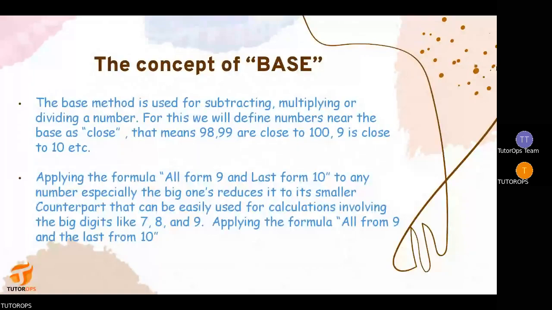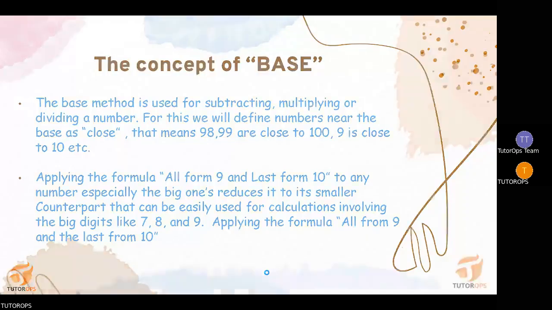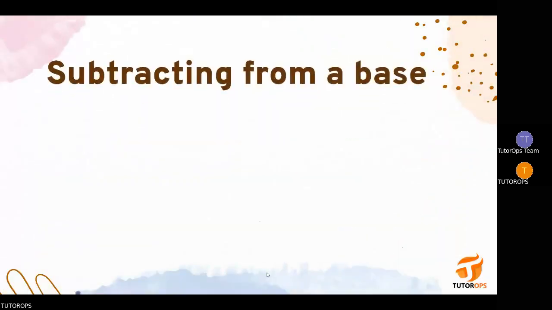Applying the formula all from 9 and last from 10 to any number, especially the big ones, reduces it to its smaller counterpart that can be easily used for calculation involving the big digits. Here, big digits mean 7, 8, and 9. Applying the formula all from 9 and the last from 10.